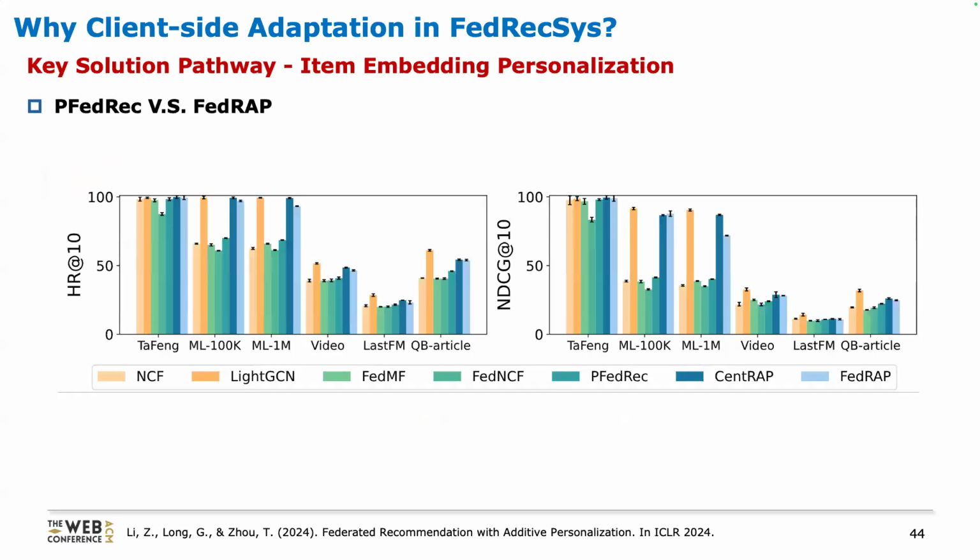Here we see the payoff of active personalization in FedRAP, which shows in the light blue bars compared to pFedRAC and all other federated baselines. On every dataset, from the dense datasets like MovieLens 100K and 1M to the much sparser datasets like Video and QB-article, FedRAP delivers the highest HR and NDCG among the federated baselines and comes even close to the centralized ones.